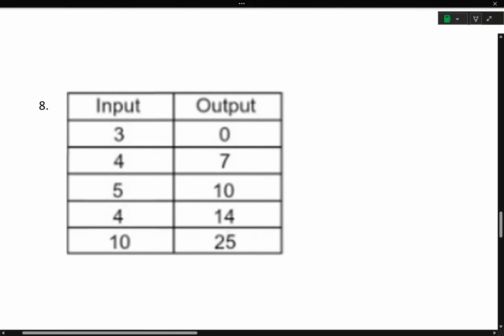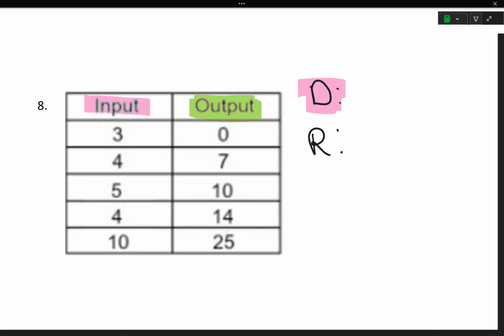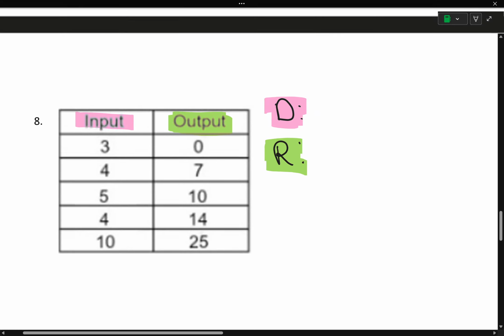All right, here's a table. Our domain is our input, and our range will be our output. So they're all synonyms: range, output, input, X, Y, independent, dependent, all those things. All right, looks like they're in order again.